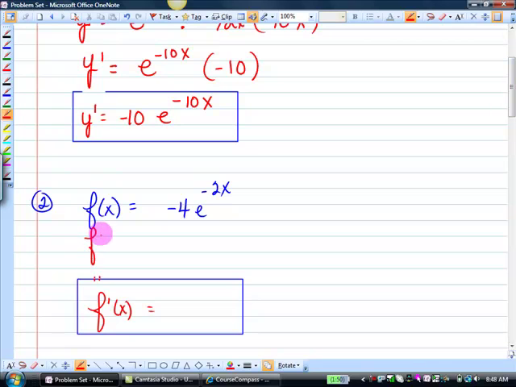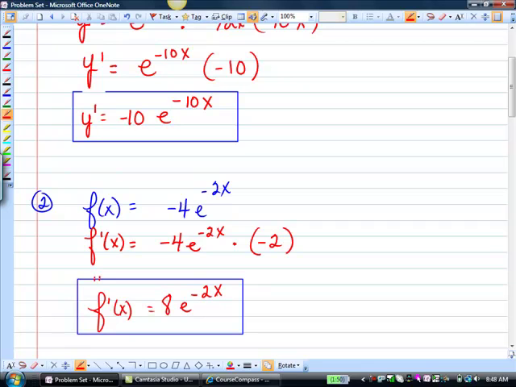So f prime of x is equal to negative 4 e to the negative 2x times, what's the derivative of negative 2x? Negative 2. All right, and then we're going to multiply negative 2 times negative 4, and we get 8e to the negative 2x.